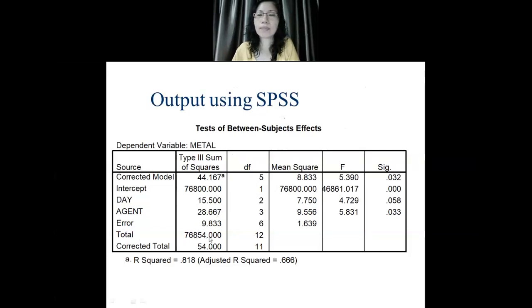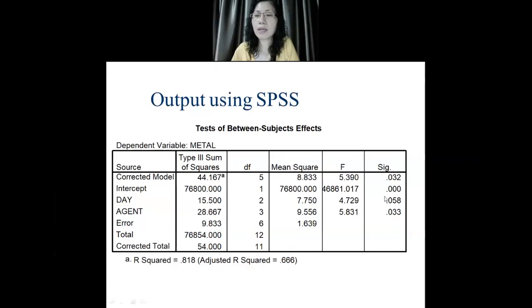The significance here you compare with the alpha, and this is the F value for the day and for the agent, 5.831.